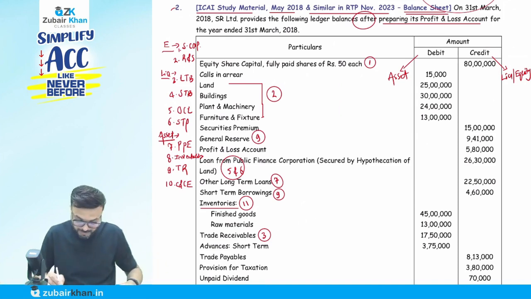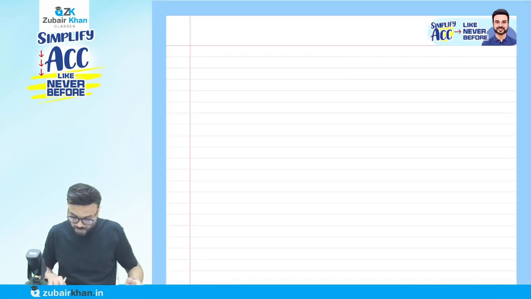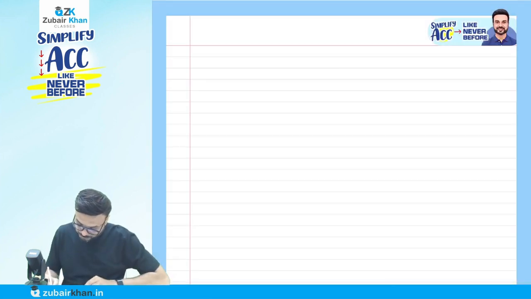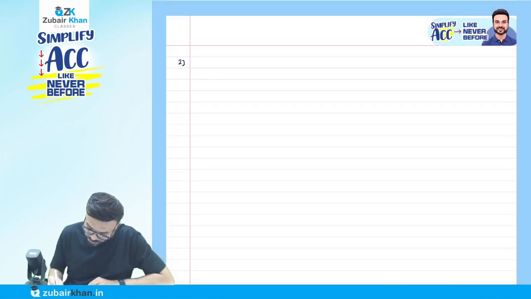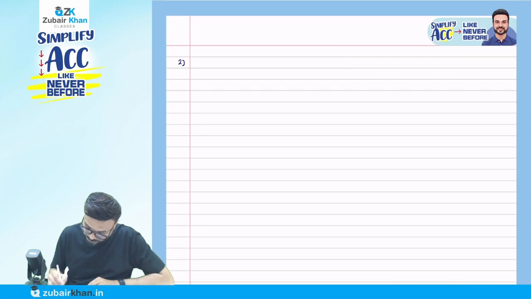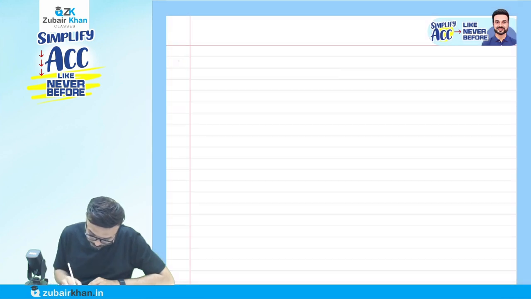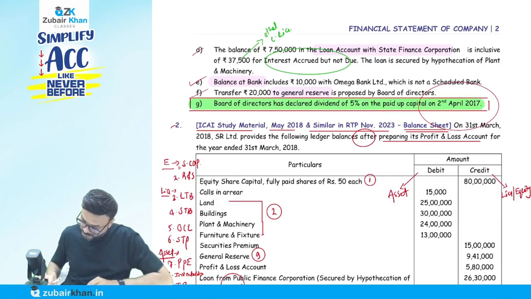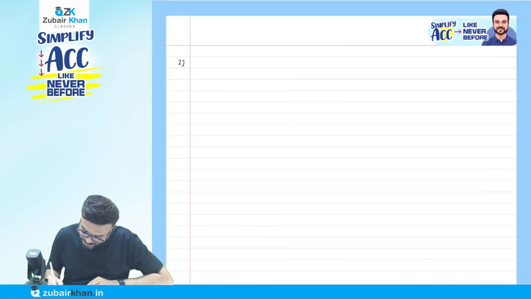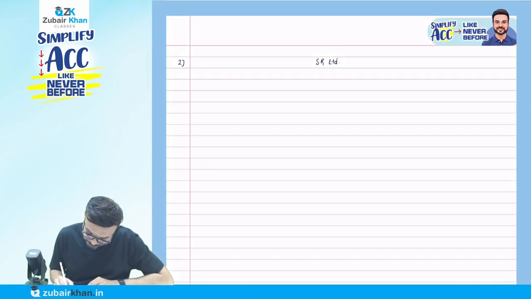Okay. Now, write down there. Question number 2. What is the name of the entity? SR Limited. So write down here SR Limited.